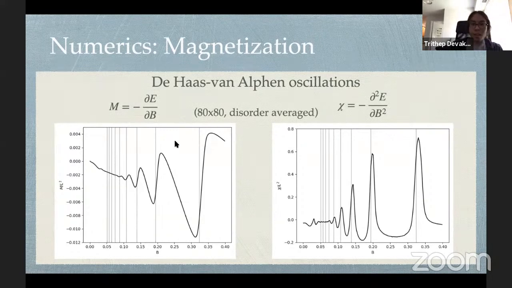And I should mention in both of these calculations, I add disorder to the model and I average over the disorder. So that's why things are appearing to be smooth here. You can also look at the susceptibility, which is just the derivative of the magnetization, and that shows a very clear peak at each of these magic fields.